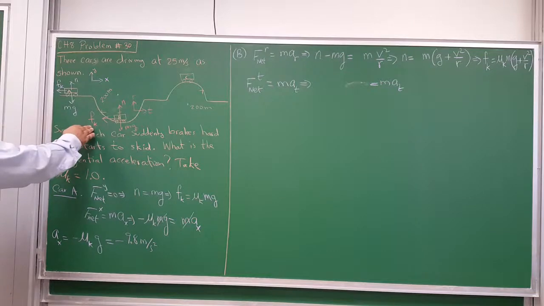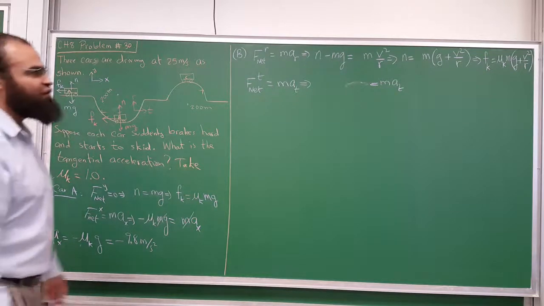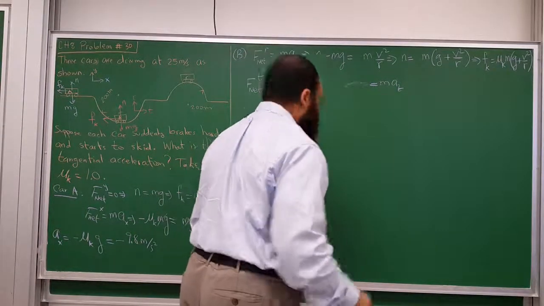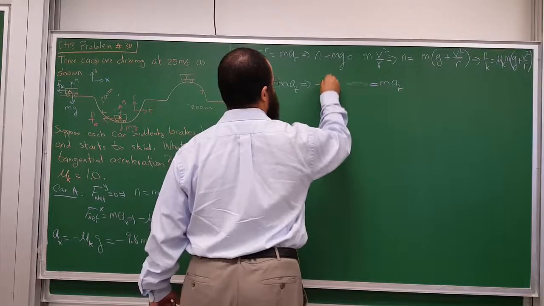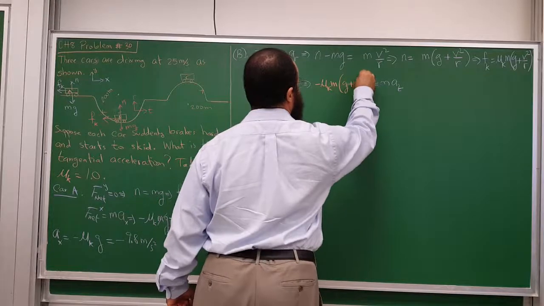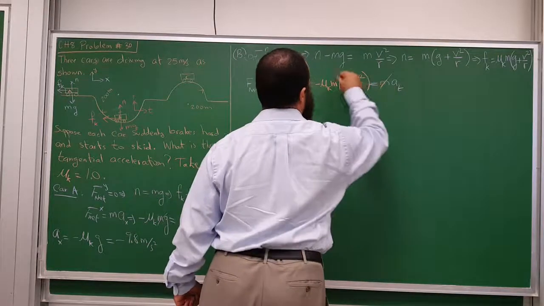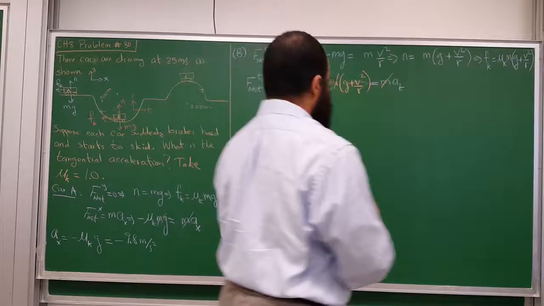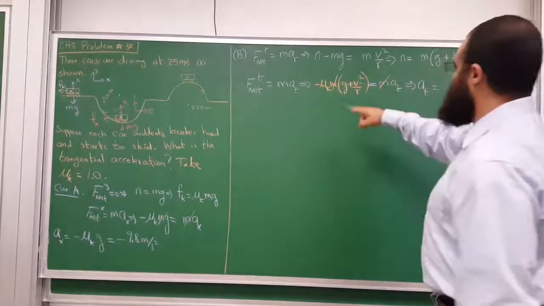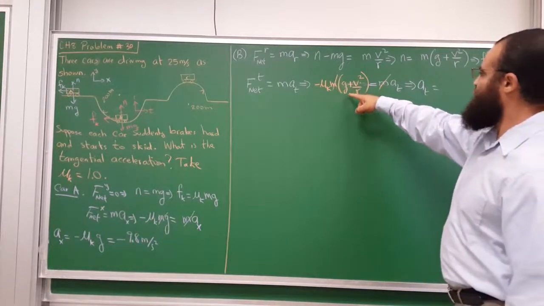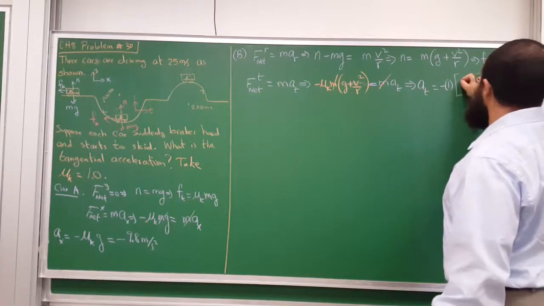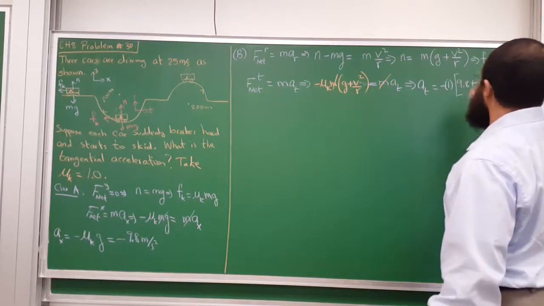And so it will be negative mu k m times g plus v squared over r, and again the mass simply cancels, and you get the tangential acceleration. a tangential will be negative mu k times g plus v squared over r, so negative, mu k is 1, and g is 9.8 plus v squared over r.